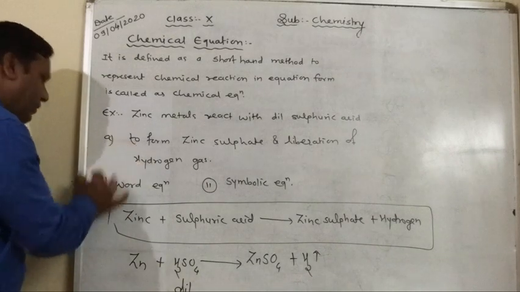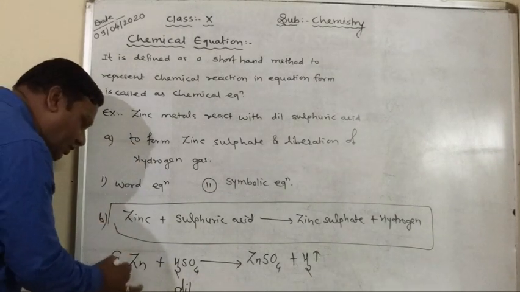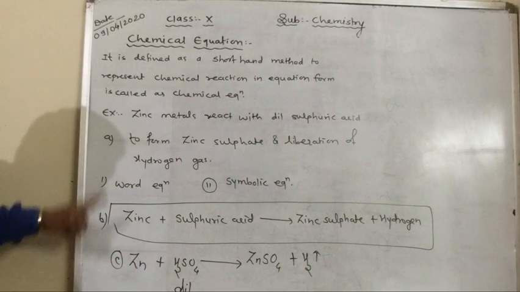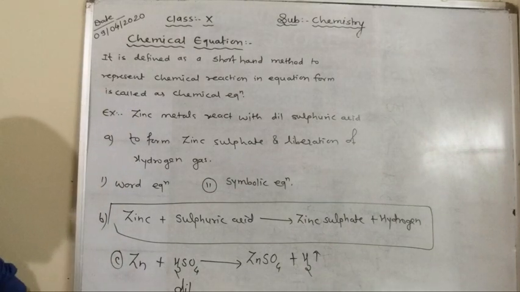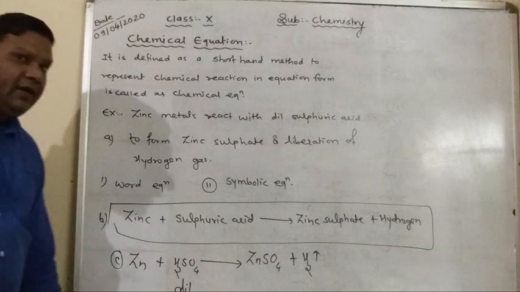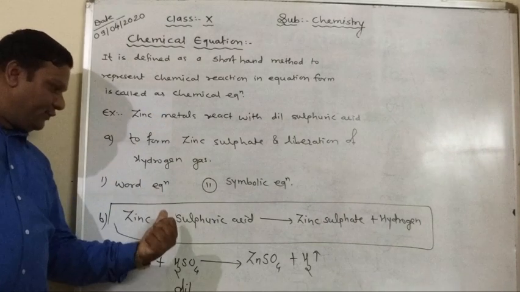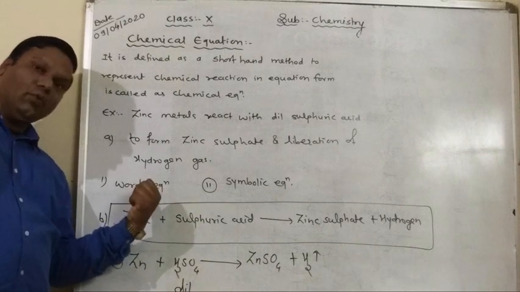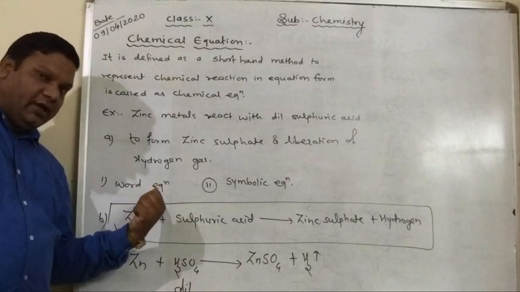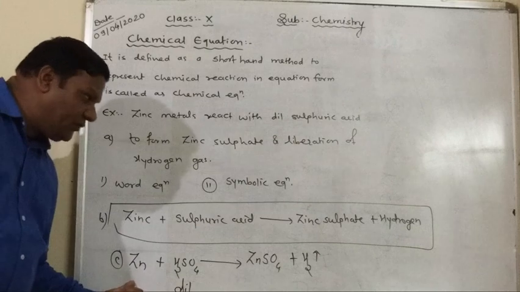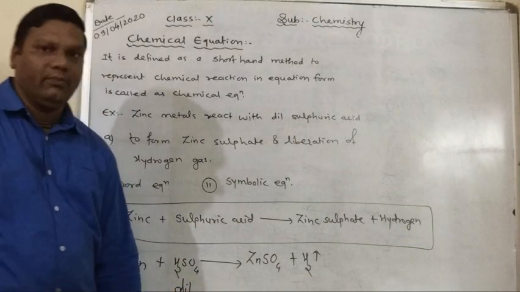Here A, B and C all indicate the same reaction, but the representation is different. This is the chemical reaction, this one is a chemical equation in word form, and this is a chemical equation in symbolic form.